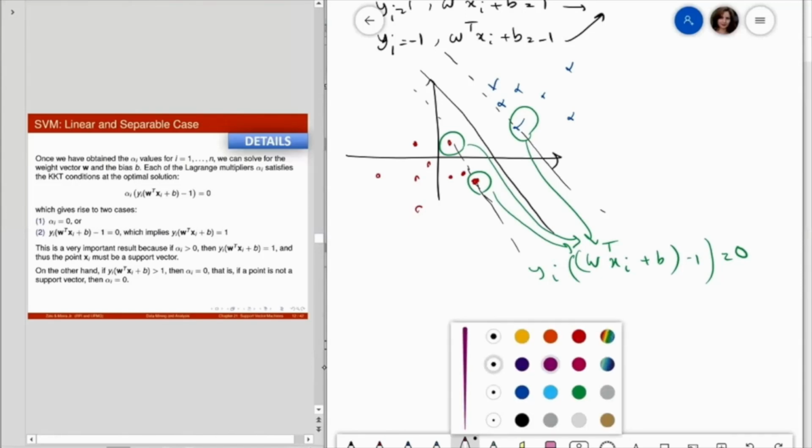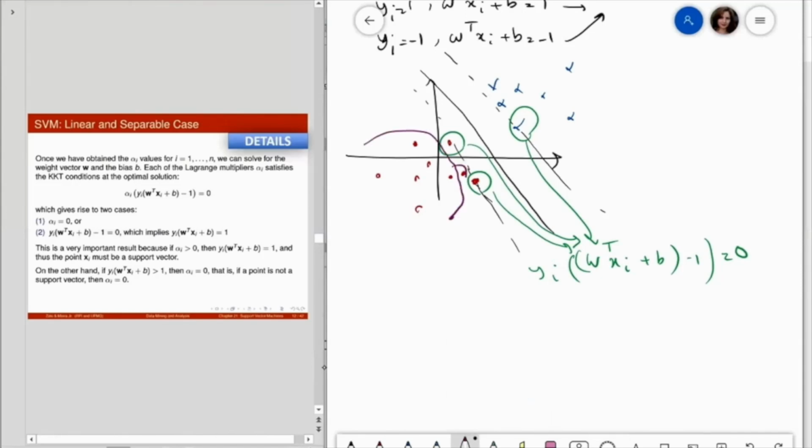And for all the rest of the data points, for these ones and these ones that are farther from the margins, I have alpha i equal to 0.